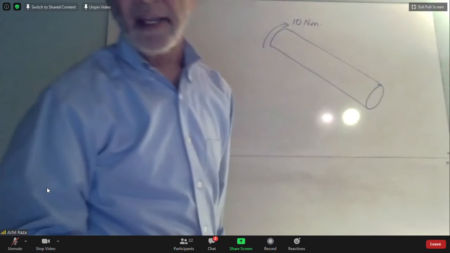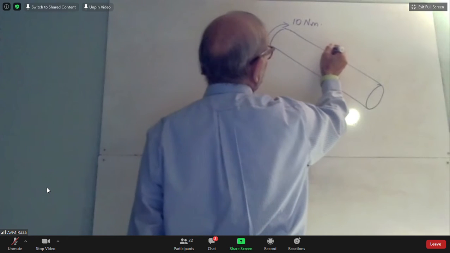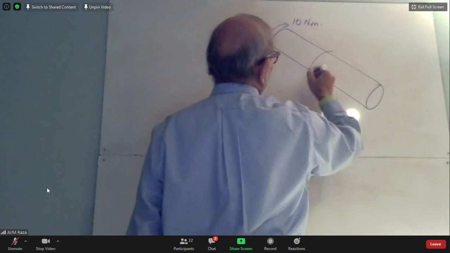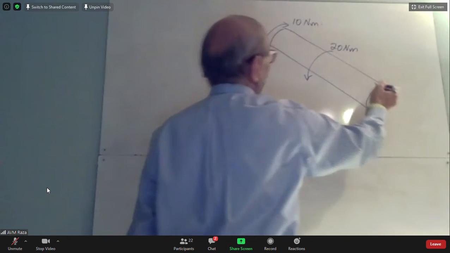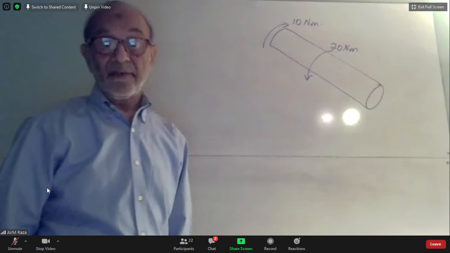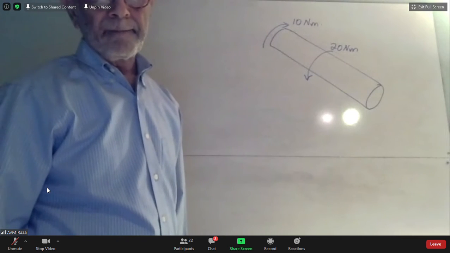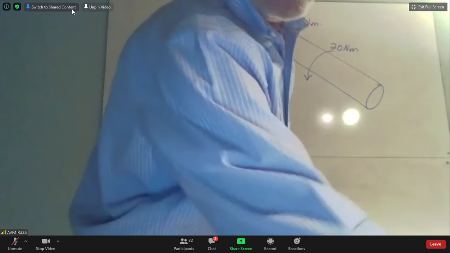I also have a 20 Newton meter at A or close to A, which is this. And then I'll have to have a torque coming out at B, and that I'm going to call TB.